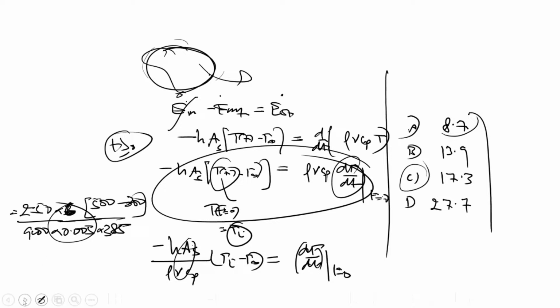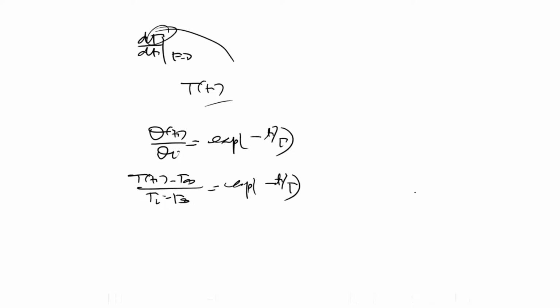Alternate method? Alternate method is you will find out dT upon dt at time t equal to 0. So if I know temperature distribution as a function of time, then I differentiate it. So theta t upon theta i is equal to exponential of minus t upon tau, and theta t is T of t minus T infinite upon Ti minus T infinite, equal to exponential minus t upon tau. And tau is rho V Cp upon hA. Am I right?